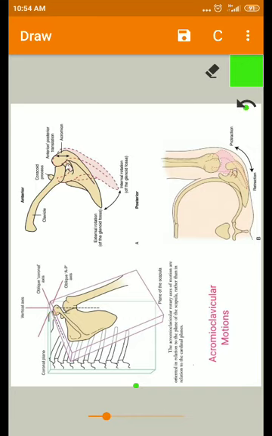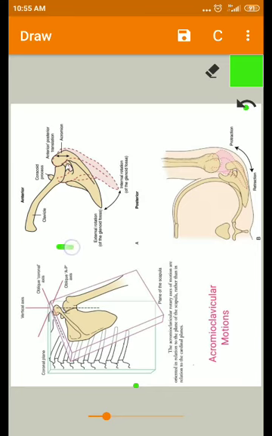But the primary rotatory motions that take place at the acromioclavicular joint are: one, internal and external rotation, and anterior and posterior tilting. So one is the rotational movements, that is internal and external rotations, and also anterior and posterior tilting.